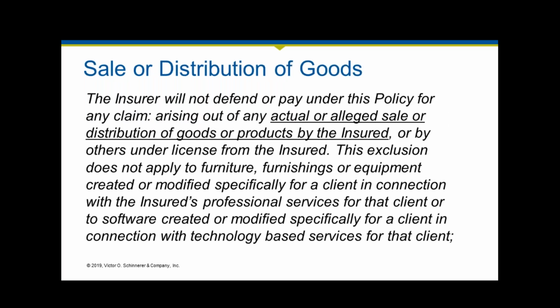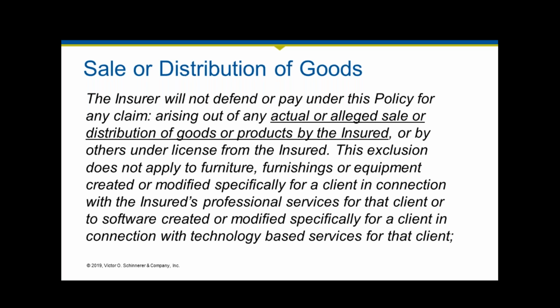And let's talk about the sale or distribution of goods, because I think sometimes this is confusing people, because it is an exclusion, right? Because you're not being covered for your uniform commercial code responsibilities as a vendor of goods.